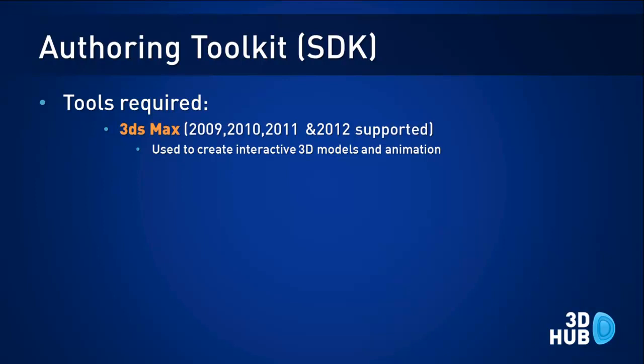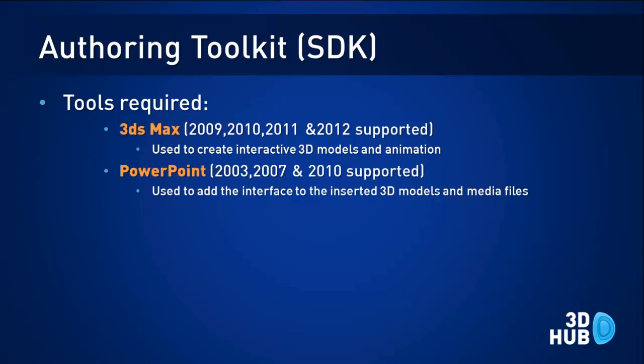Obviously 2013 will be supported shortly. This modeling package is used to create the actual models and animations itself. In addition to the 3D Studio Max, we use PowerPoint. PowerPoint 2003 all the way through 2010 is supported, and this really is used to create the interface and the interaction between the models and the user.